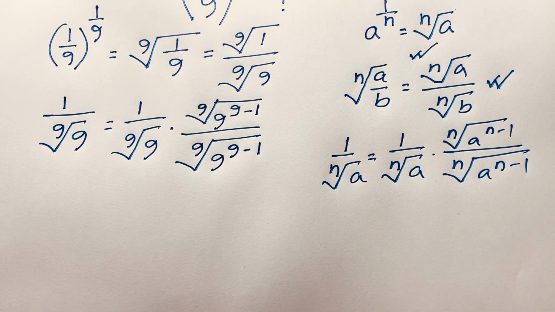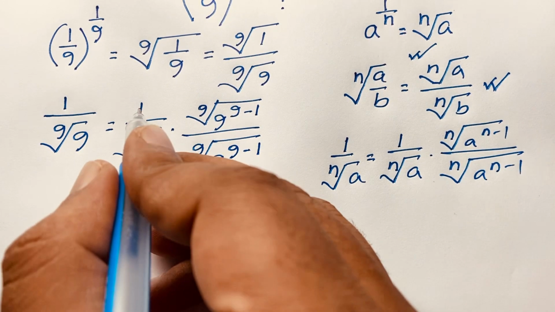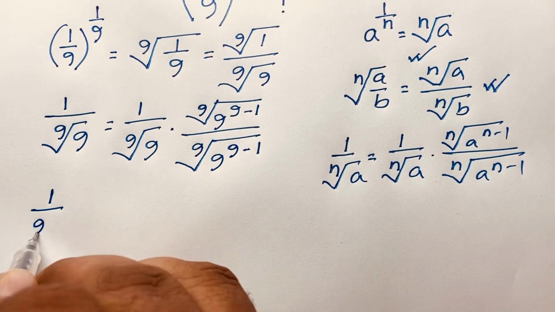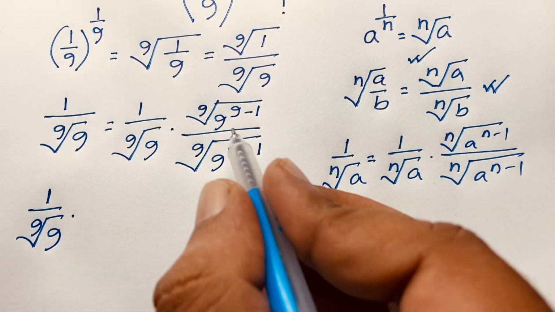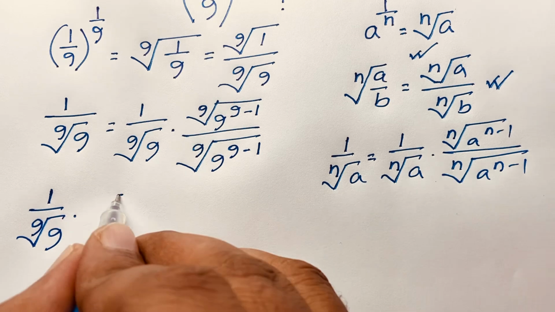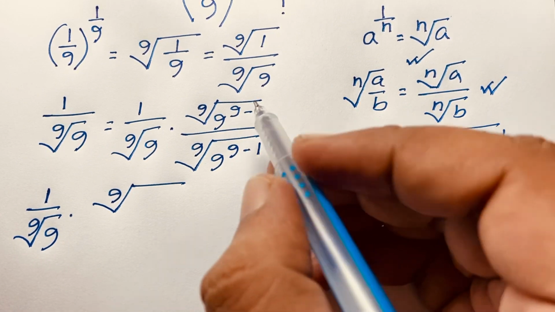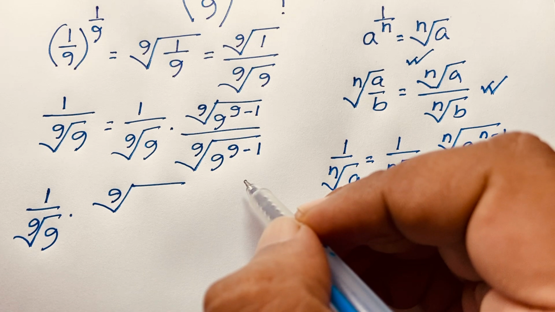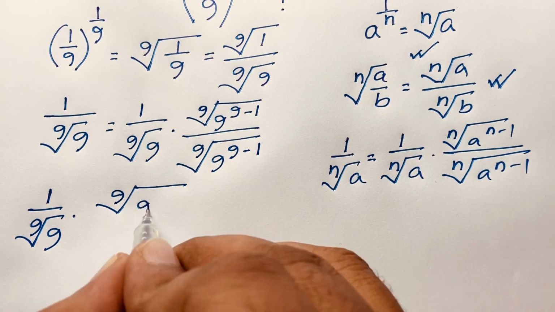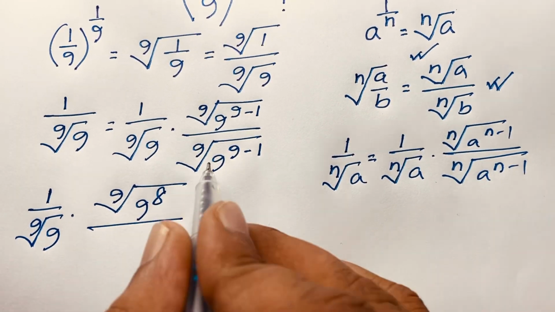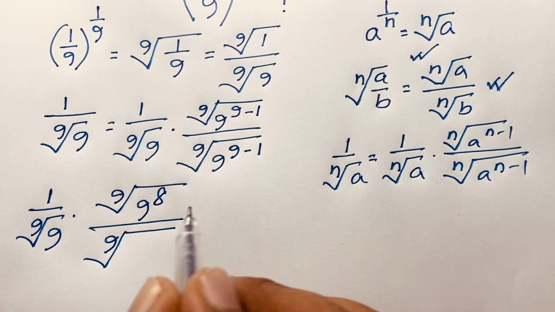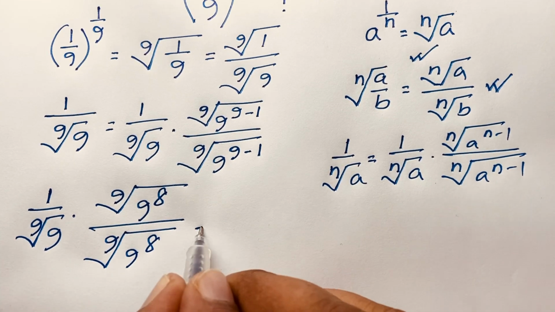Now here I see 1 over the 9th root of 9, and this radical expression will be the 9th root of 9 to the power 9 minus 1. You know that 9 minus 1 is 8, so it will be the 9th root of 9 to the power 8 over the 9th root of 9 to the power 8.